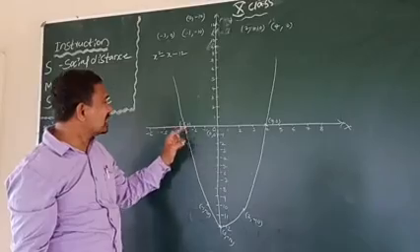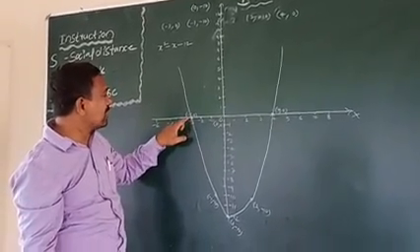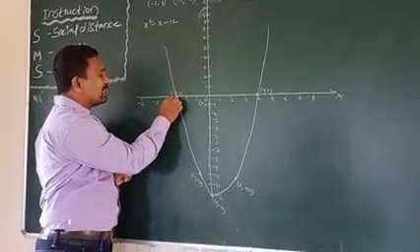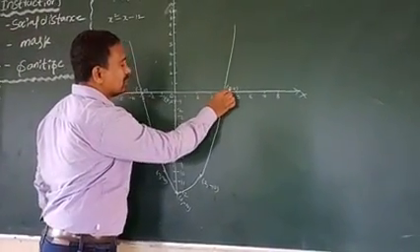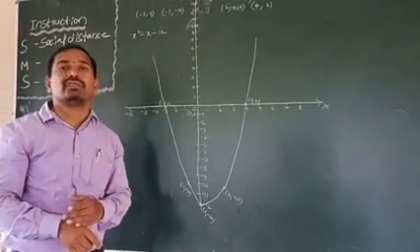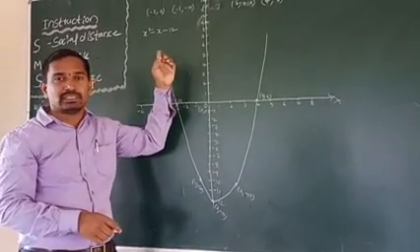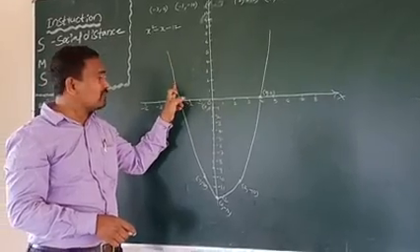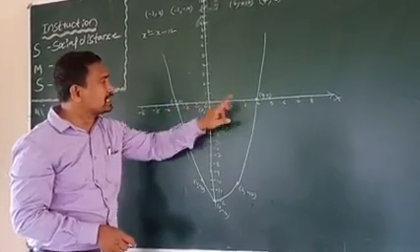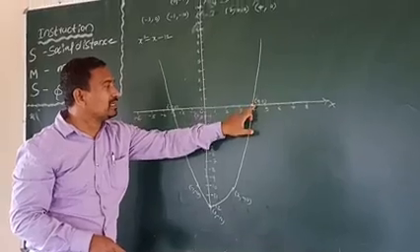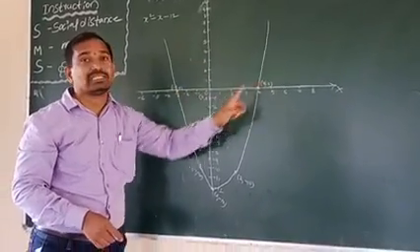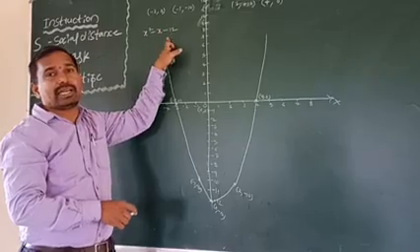See here, this graph meets the x-axis at minus 3 comma 0 and 4 comma 0. So these two x values, minus 3 and 4, are zeros of the polynomial. The graph meets the x-axis at 2 points, and the x values are minus 3 and 4, the zeros of the quadratic polynomial.